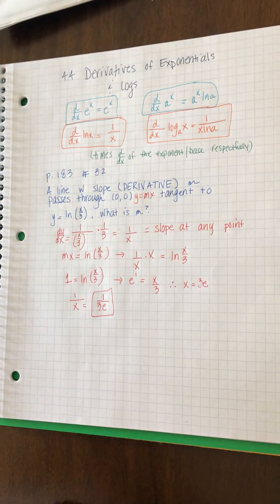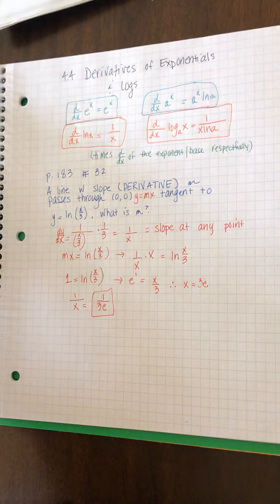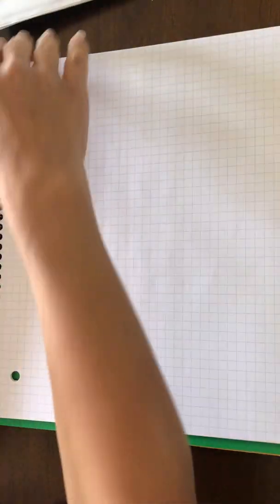Okay, the next problem I'm going to do is number 44. Here we go. Number 44 says use the technique of logarithmic differentiation to find dy dx.